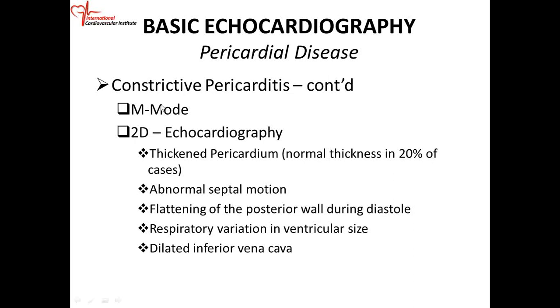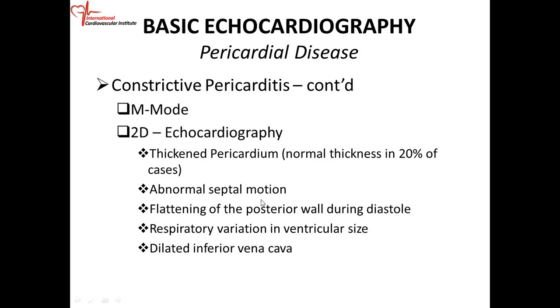With constrictive pericarditis, a lot of the time you'll also get some pericardial effusion. And when you do your 2-dimensional echo, you get your thickened pericardium. But the pericardium may be normal in 20% of cases. So if you're looking for thickened pericardium, you may miss the diagnosis in 20% of patients.